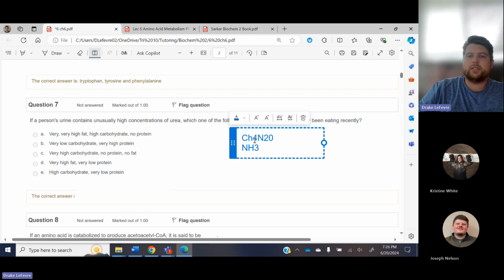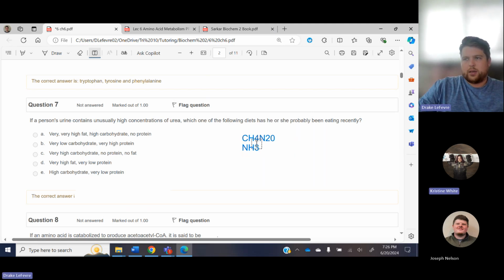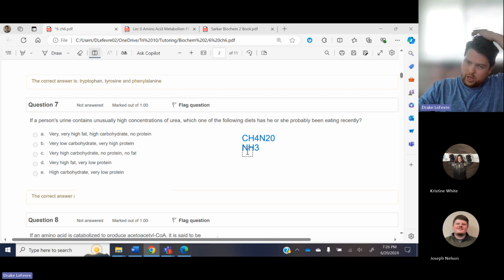Like you'll see later, urea gets broken down into ammonia and these other nitrogen bases, and that then gets converted into urea and other things, because having a bunch of ammonia in our blood probably isn't a great thing.